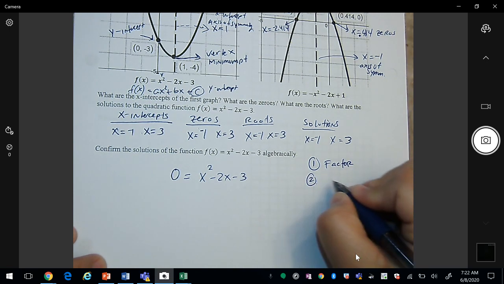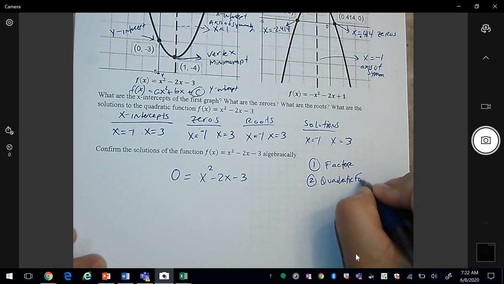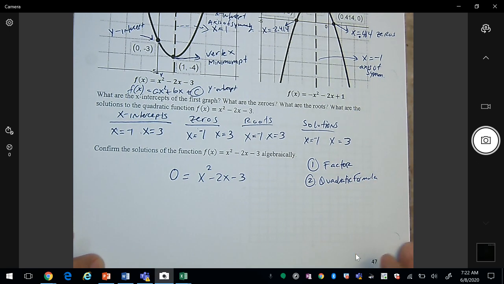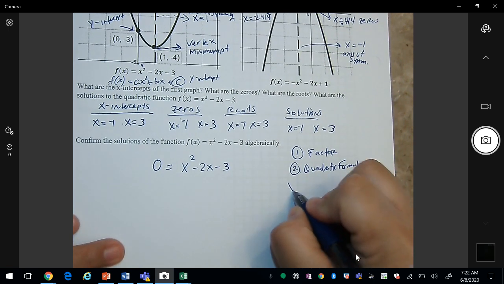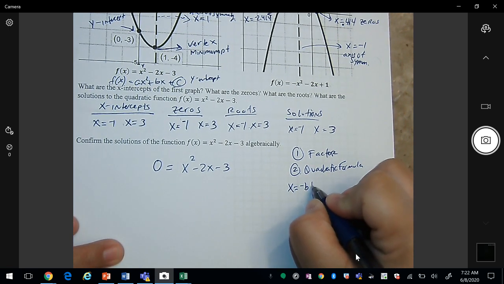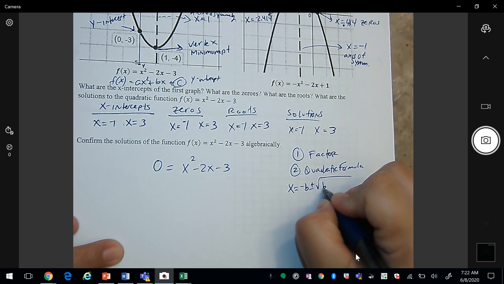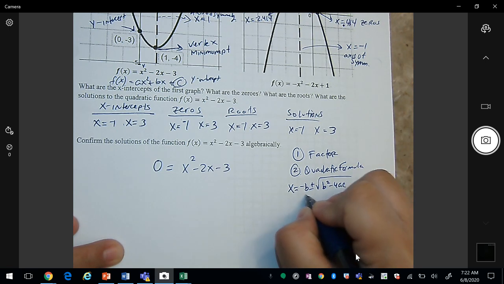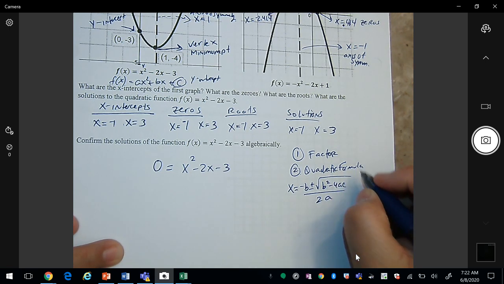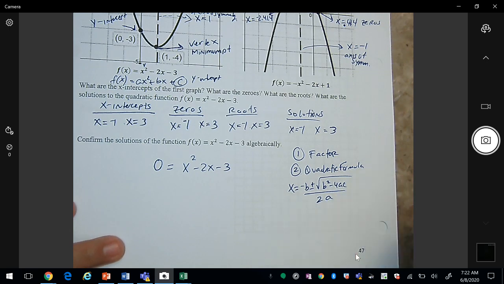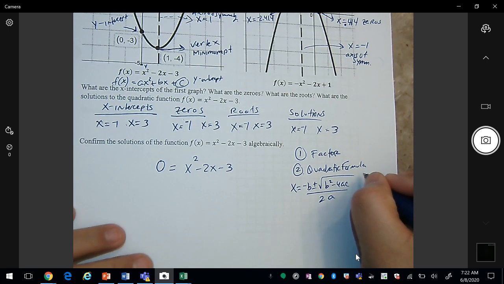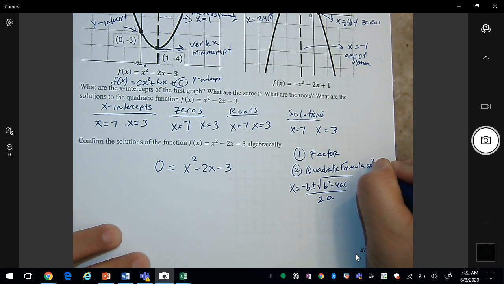And number 2, you can use the quadratic formula. The quadratic formula is x = (-b ± √(b² - 4ac)) / 2a. And this comes from using the general form.